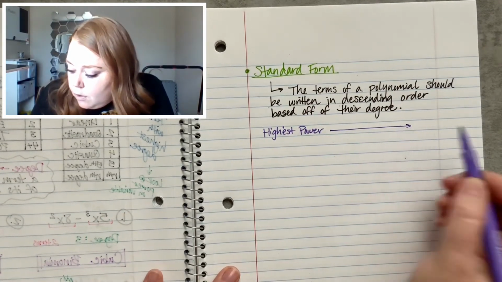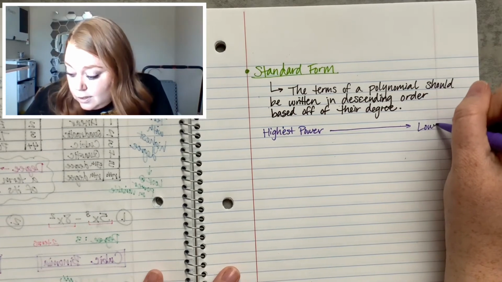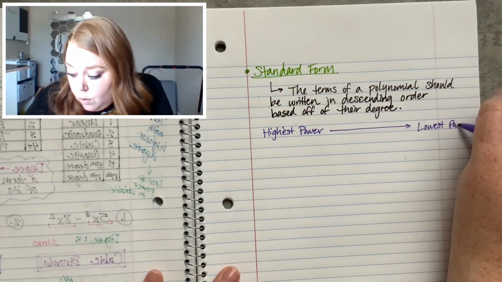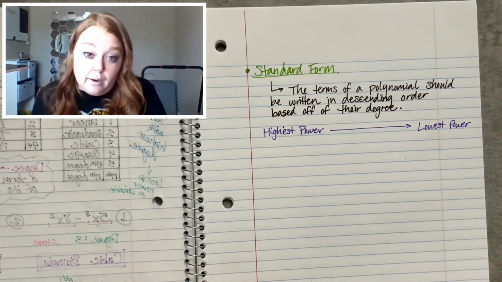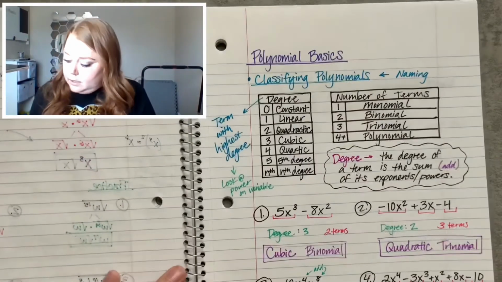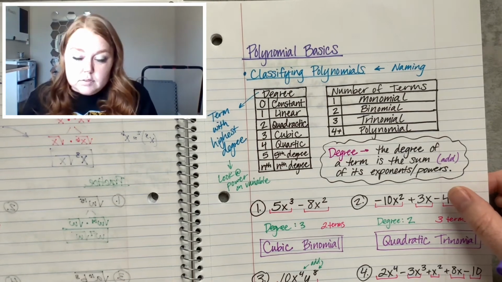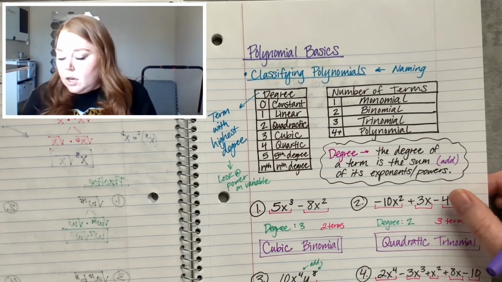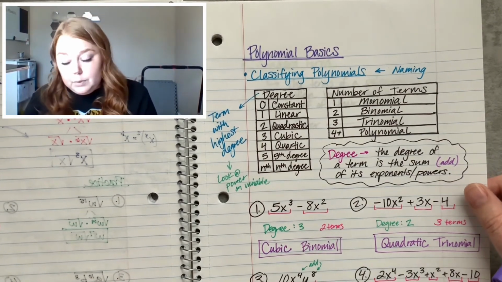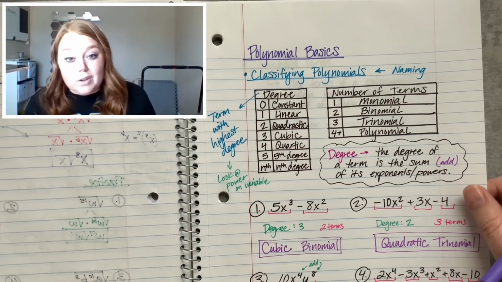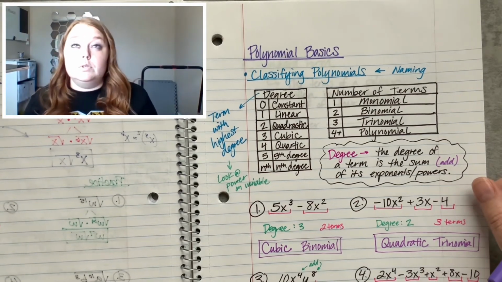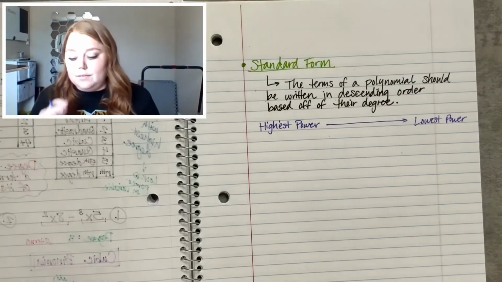And then you're going to go all the way down to the term that has the lowest power or possibly no power at all. So like this little 4 minus 4 that we had, that's called a constant, doesn't even have a variable on it. Constants are always going to go at the end because they don't have a power. They don't have a variable which has a power. So therefore they don't have a degree.